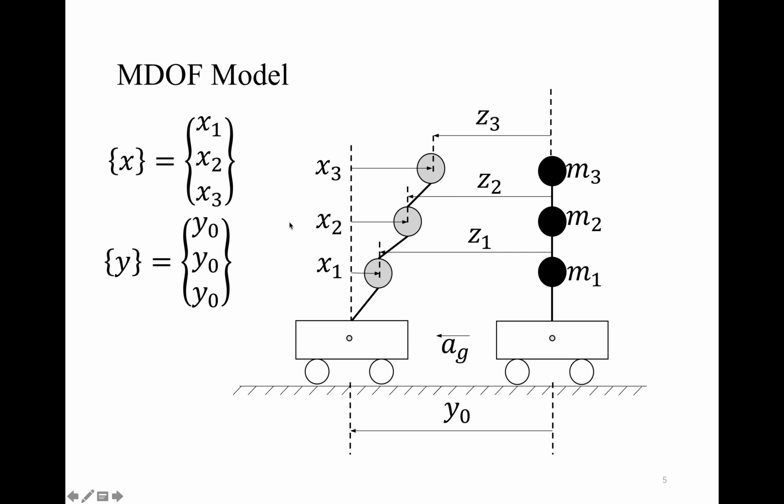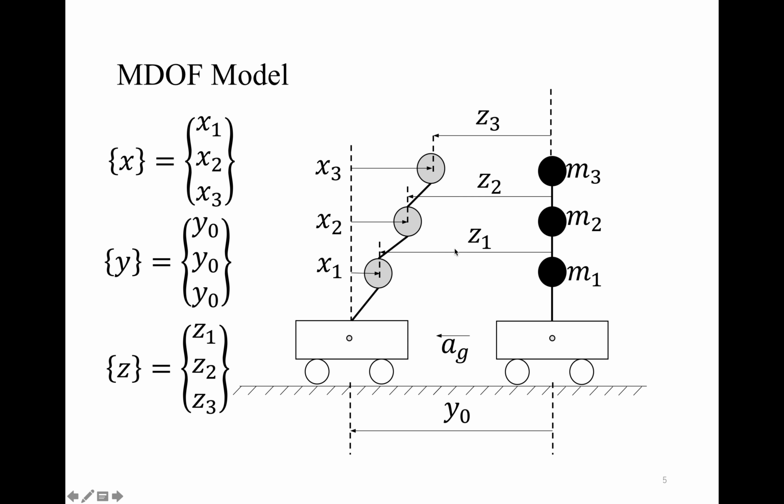So we mark this vector as x1, x2, x3. For y, it is a unit vector where all the elements have the same value y0.